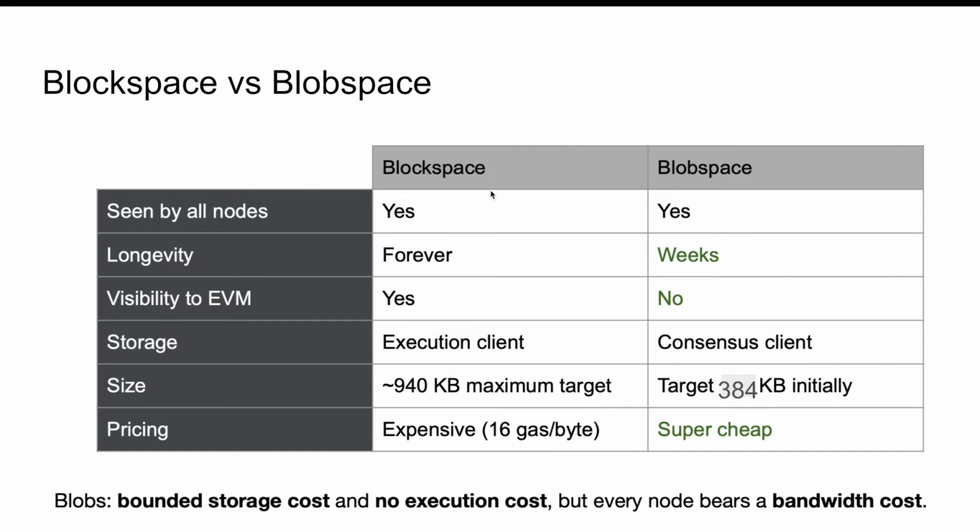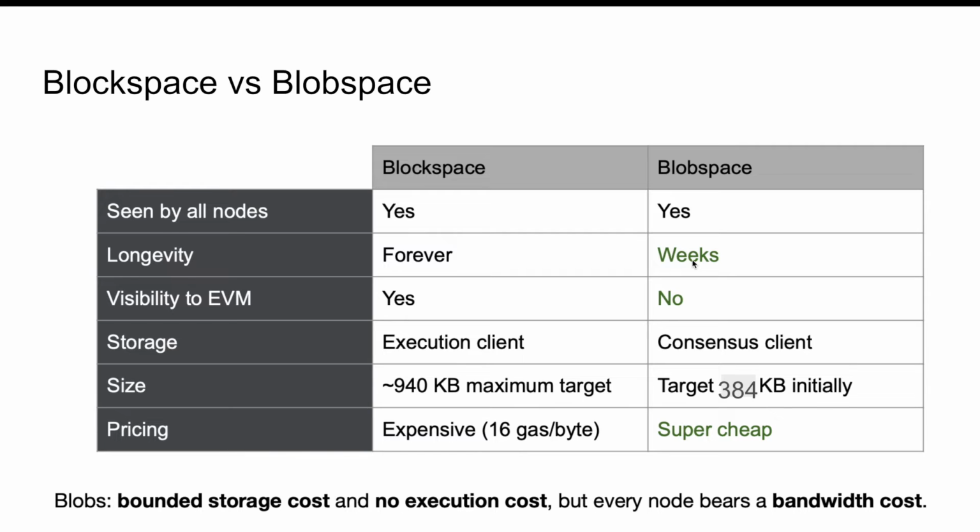Okay, this slide shows some comparison between block space and blob space. Blocks and blobs are both visible to all nodes, so all the nodes have to download all the blocks as well as the blobs. In terms of longevity, the block is supposed to be forever, whereas as I said before, a blob is supposed to exist for a few weeks only, after which it gets deleted.